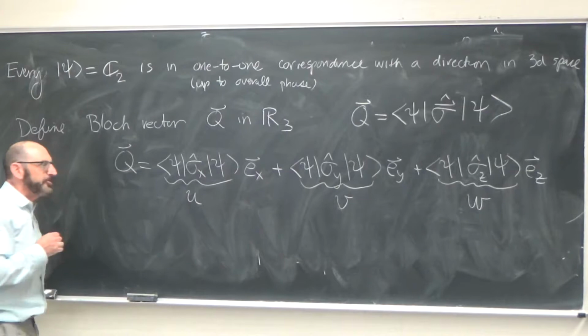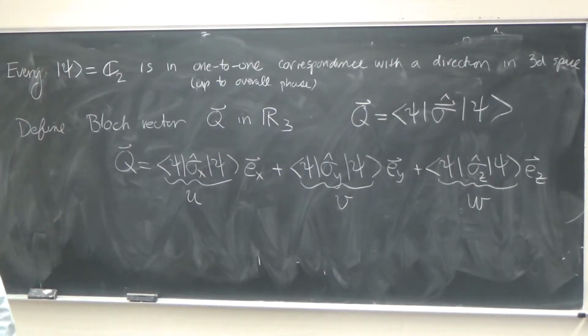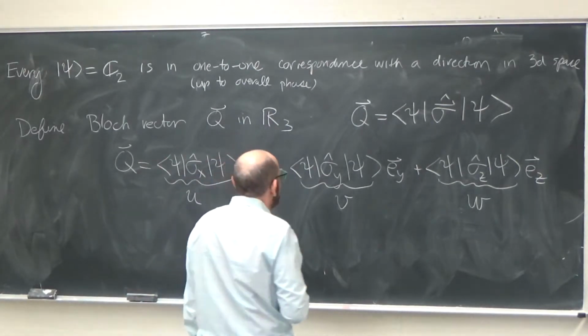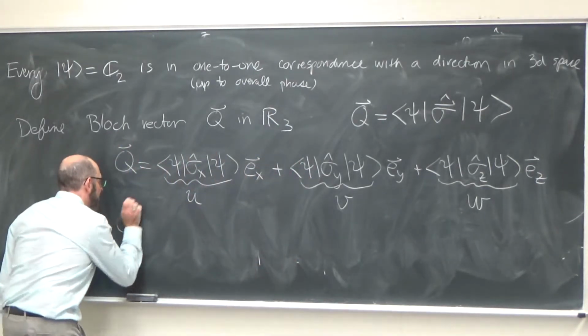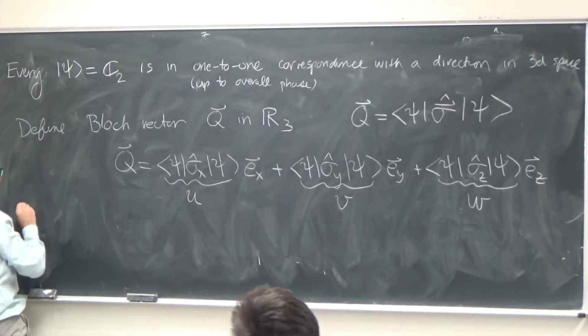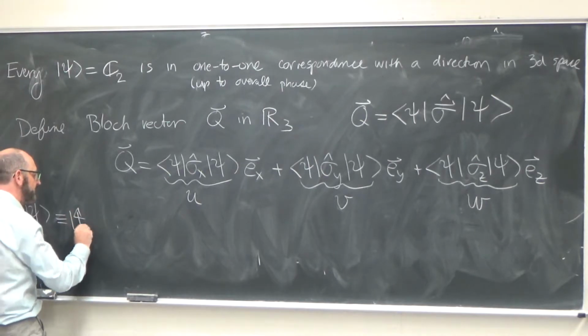Now, it is an exercise for the reader. I didn't want to give you too much homework, but now I will, kind of on the side. It won't be graded. For you to prove the following: that for this case, of course, psi itself is equivalent to spin up along some direction, right?